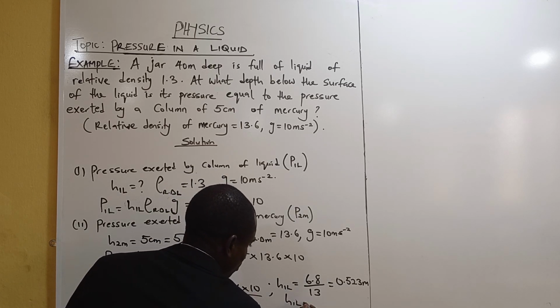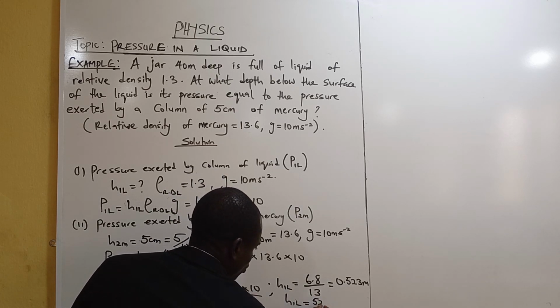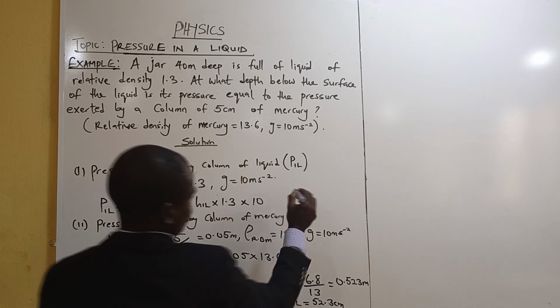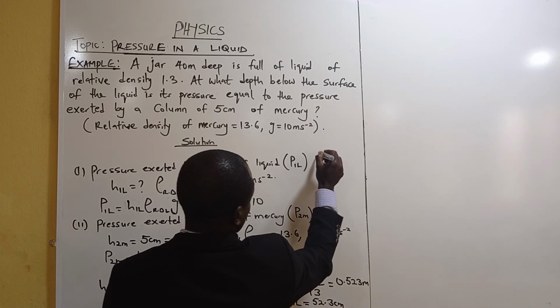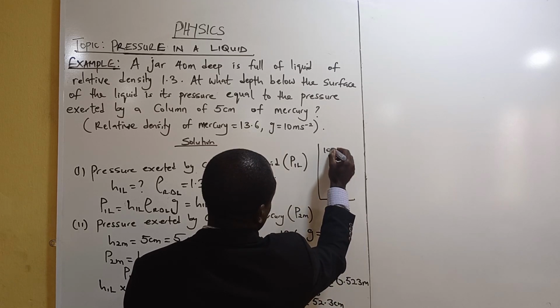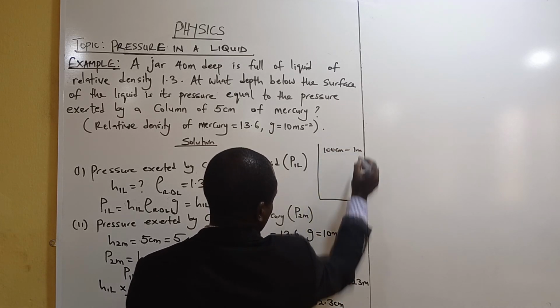H1L equals 52.3 centimeters, because 100 centimeters make 1 meter.